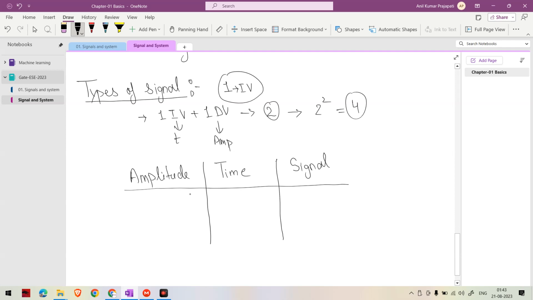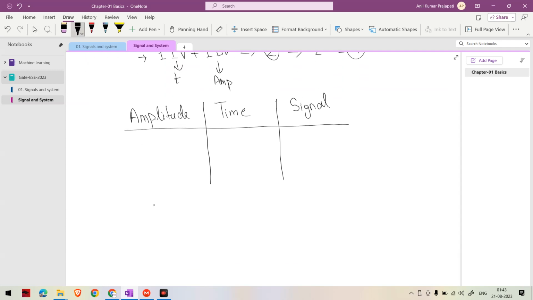Now see, if your amplitude is continuous and your time is also continuous, then we call that type of signal a continuous or analog signal.